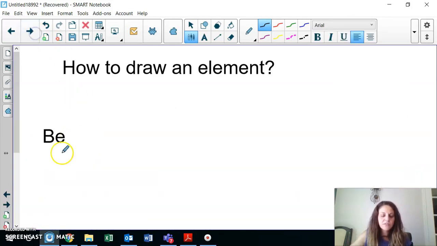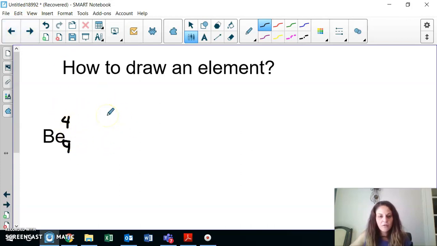So what you do is you first write the symbol Be and you write the information, the atomic number 4 and the mass is, we said, 9. Okay? So once you have that information, write down protons, how many protons, how many electrons, how many neutrons.